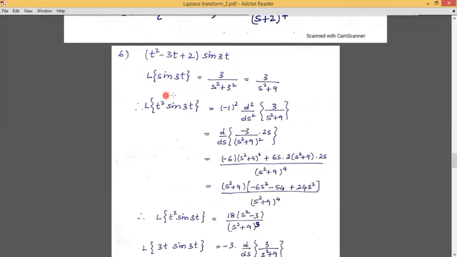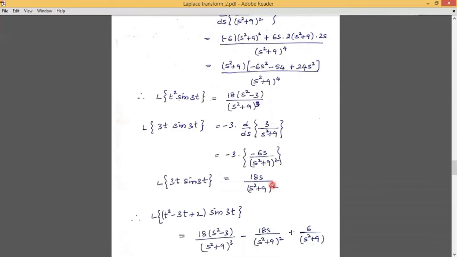Laplace transform of sine 3t is 3 by s square plus 3 square, that is 9. Now t square into sine 3t. First we'll find the Laplace transform of t square into sine 3t, then minus 3t into sine 3t, and this will be the same as sine 3t.